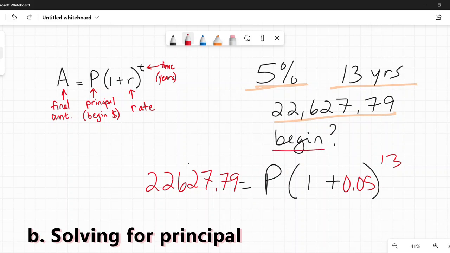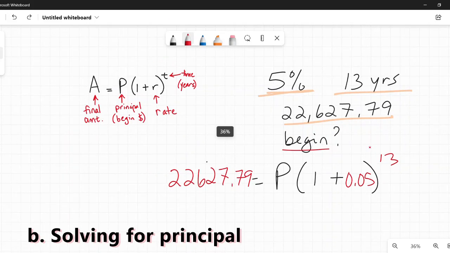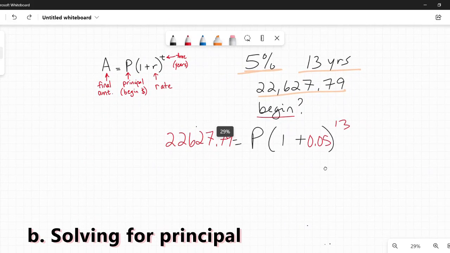Right, so how do we do this one? This one's very similar to the first one. It's pretty straightforward. Not any crazy stuff. We do need a calculator though. We're going to start over here. 1 plus 0.05 is 1.05.